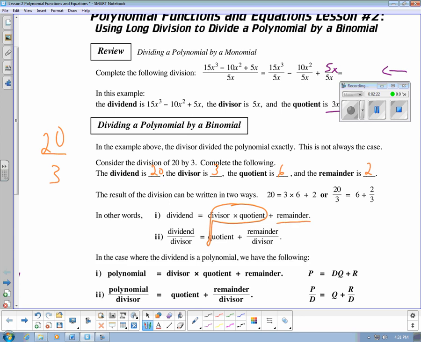That'll work. Or you can rewrite the result of your division in another format by writing the dividend divided by the divisor as the quotient plus the remainder divided by the divisor.